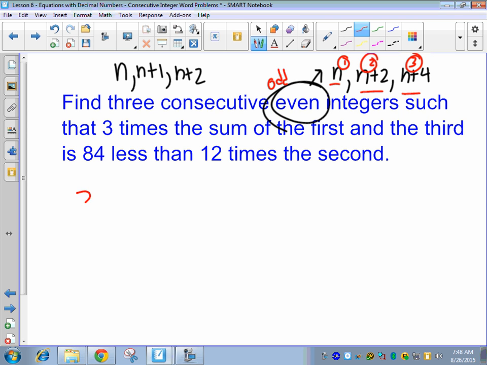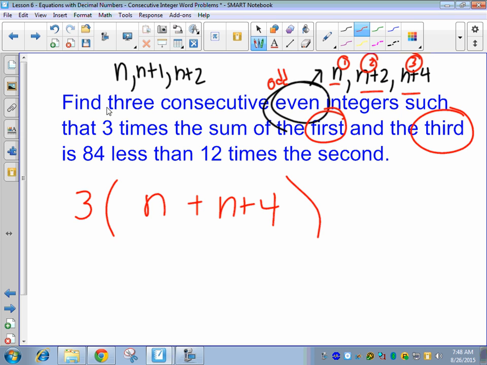Okay. All right, so find 3 consecutive even integers such that 3 times the sum of the first and the third. So we have 3 times the sum. When you're multiplying something times the sum, you need parentheses, all right? So sum means I'm adding 2 different things. So 3 times the sum of the first and the third integer. Well, the first integer is n, and I'm adding it to the third integer, which is n plus 4.